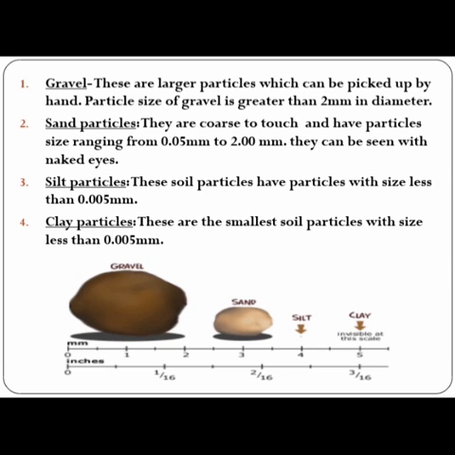Coming to clay particles, these are the smallest soil particles, with size less than 0.005, so they are really not visible. You can see the size in the picture. Gravel you can easily pick by hand. Even sand is visible. Silt is not visible, and clay particles are not at all visible.